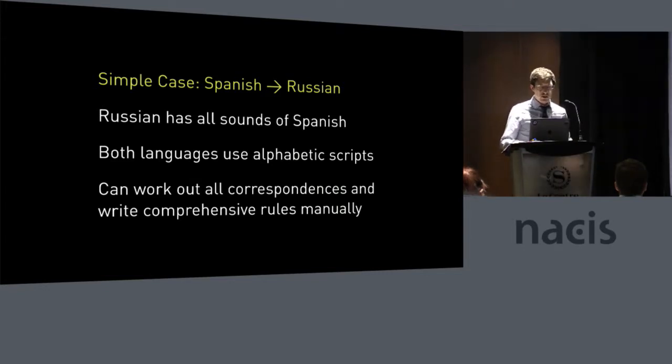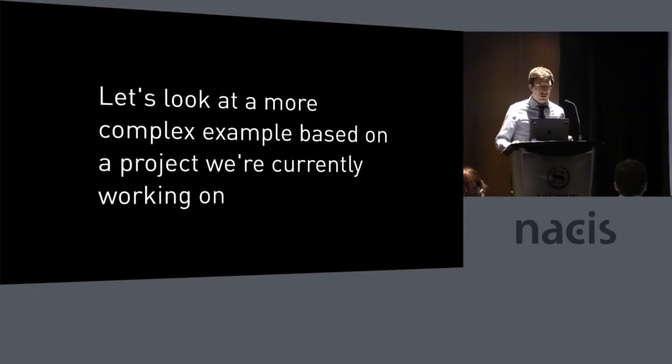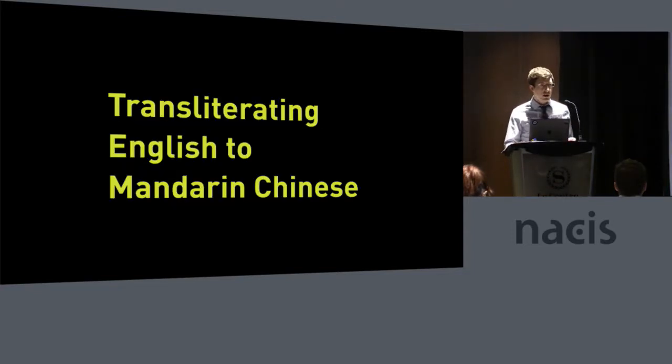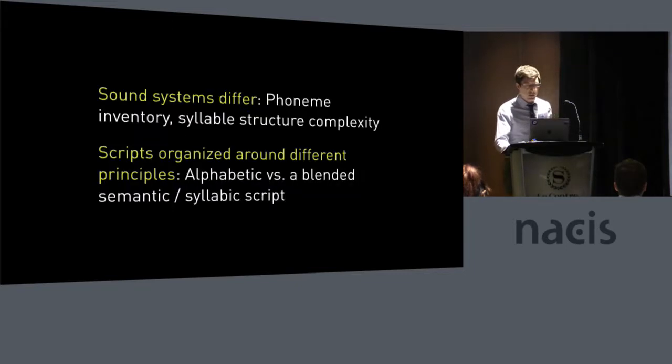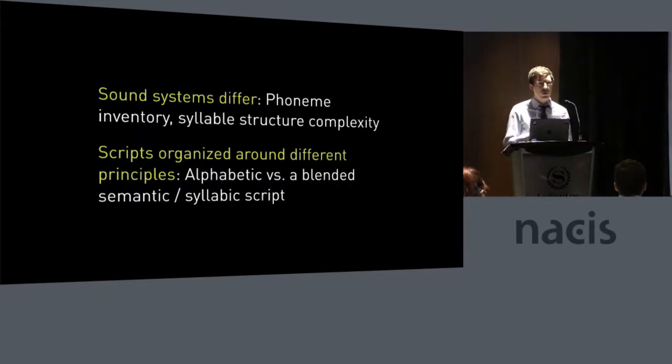And so now that you've seen an example of an easy case, let's take a look at a more complex example based on a project that we're currently working on and experimenting with, which is transliterating English to Mandarin Chinese. This is a more difficult task because neither language contains all the phonemes of the other, or all the sounds of the language.